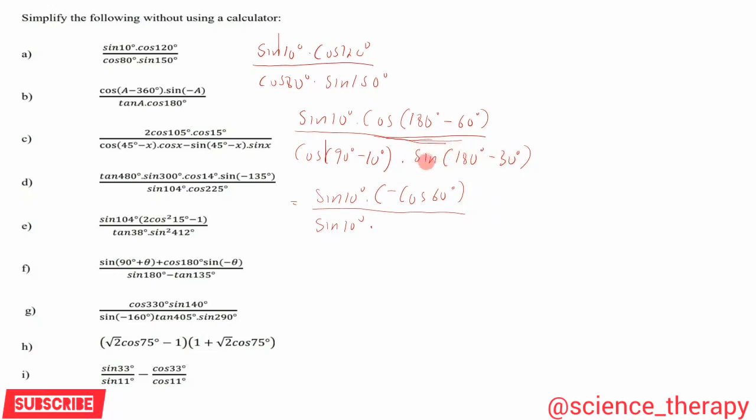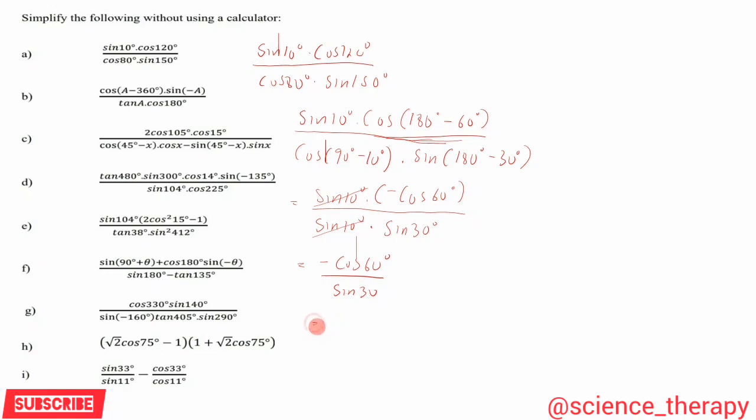We know sine is positive in the second quadrant, so this will become positive sine 30 degrees. At this point we can see our numerator has the same sine 10 as the denominator, so we can cancel it out. We no longer have the problem of angles that are not special angles. Above we are left with negative cos 60 degrees over sine 30 degrees.